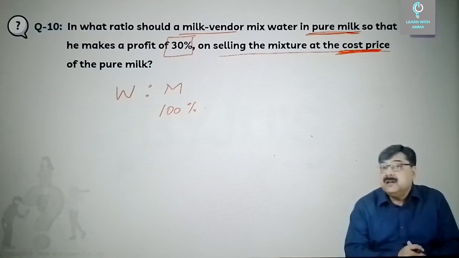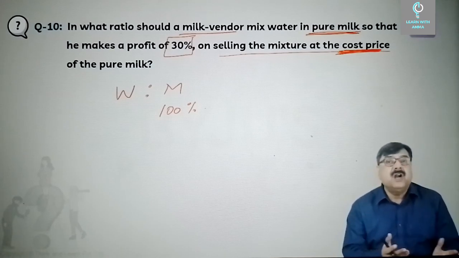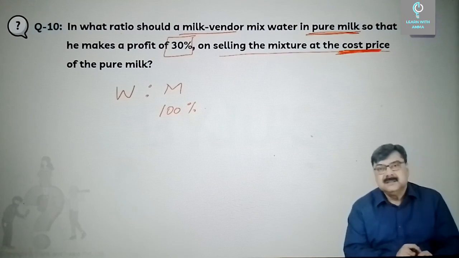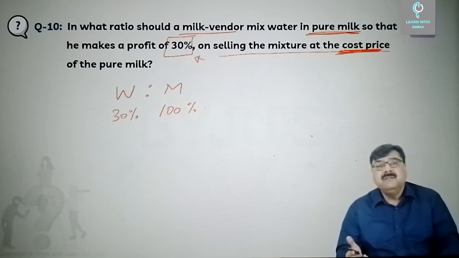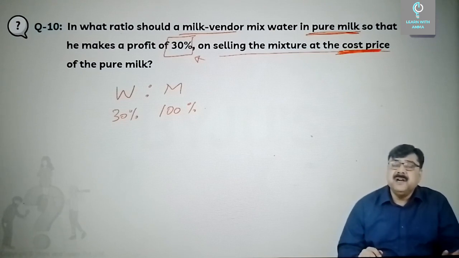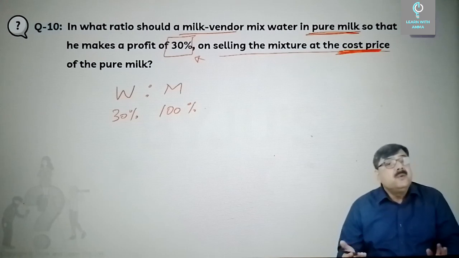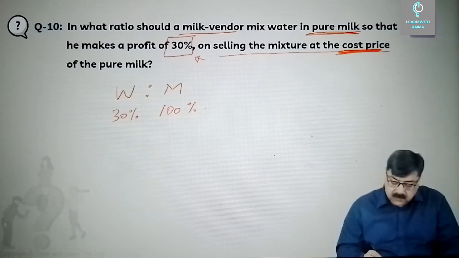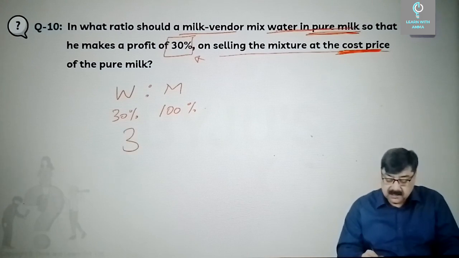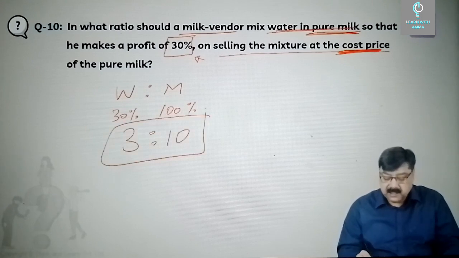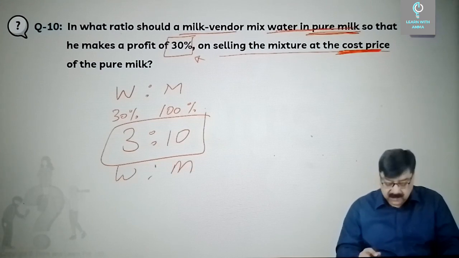So the milk vendor is making profit by selling what? By selling water. So if he wants 30% profit, then he needs to mix 30% water. If he wants 25% profit, then he needs to mix 25% water. So the ratio in which water should be mixed in pure milk has to be 3 is to 10. Water is to milk, not milk is to water.